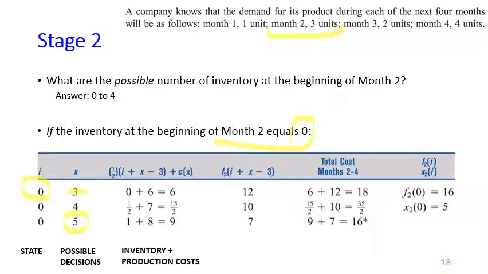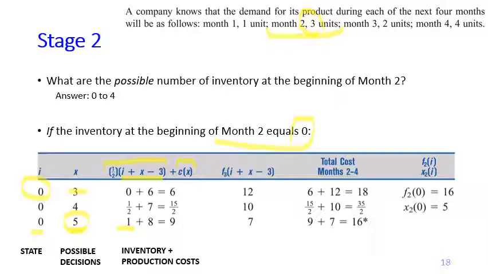Remember, the inventory cost is half times your ending inventory of this month, plus the fixed cost and the variable cost. So if you produce 5, your ending inventory will be 0 plus 5 minus 3, so your ending inventory is 2 units.